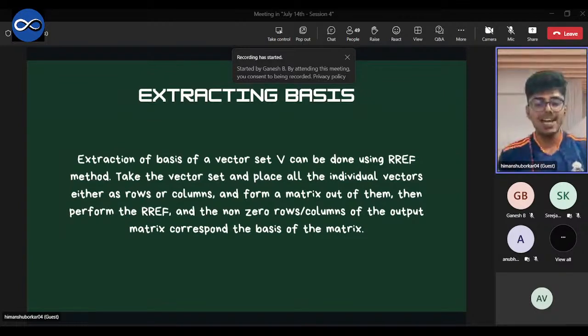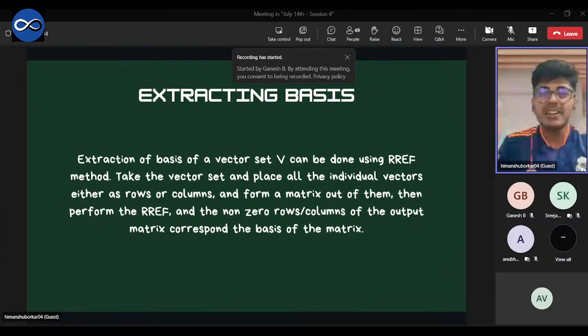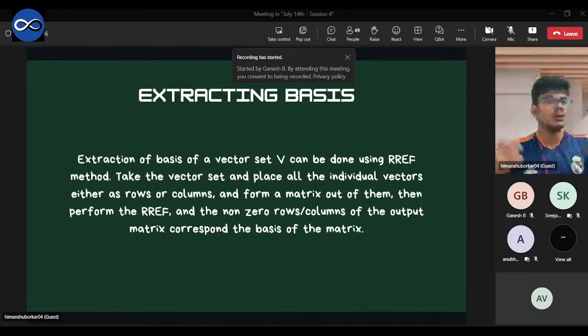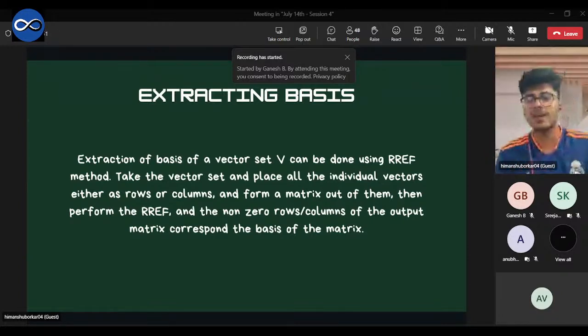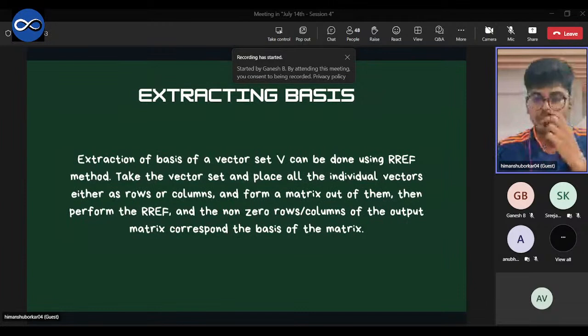The basic idea is that we take this vector set and form a matrix out of it. You could do it either way. We keep all the vectors as columns of the matrix, or you could keep them as row vectors as well, all the vectors as the rows of a matrix. We'll look at each method.